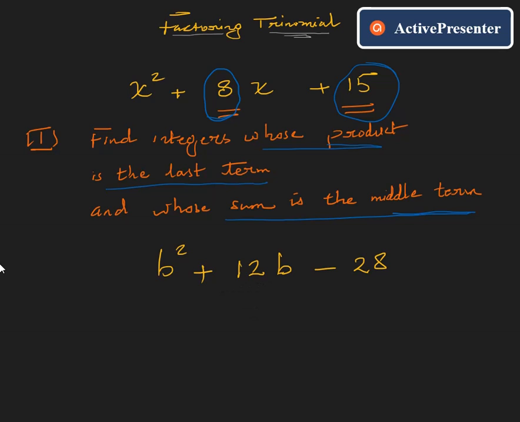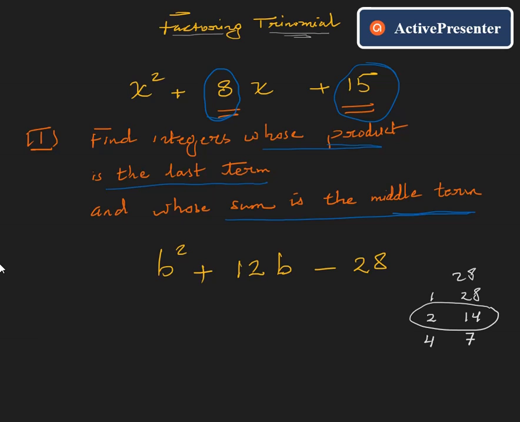Let's try. If we say this is 28, if you divide by 1 we have 28. If you divide by 2 you will have 14. If you divide by 3 you will have no. If you divide by 4 you will have 7. Among them you will find that 2 and 14 may lead us to the correct answer.